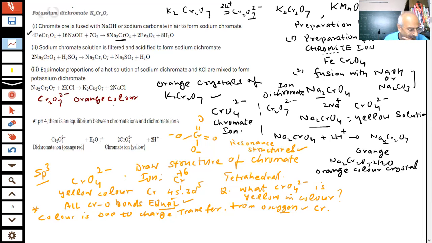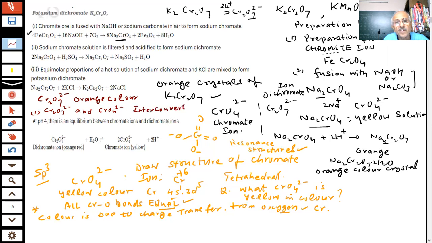Dichromate and chromate ions are interconvertible, students. Chromate or dichromate are interconvertible in aqueous solution depending on the pH of the solution. Important point. I am saying Cr2O7 2 minus and CrO4 2 minus. They are interconvertible.